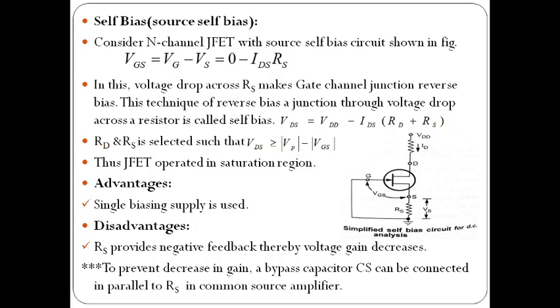Then the reverse bias of the gate channel junction increases, the channel width decreases, and then IDS decreases again. So initially IDS increases, finally IDS decreases. The increased IDS and decreased IDS cancel each other. So we can say this source resistance is providing negative feedback.